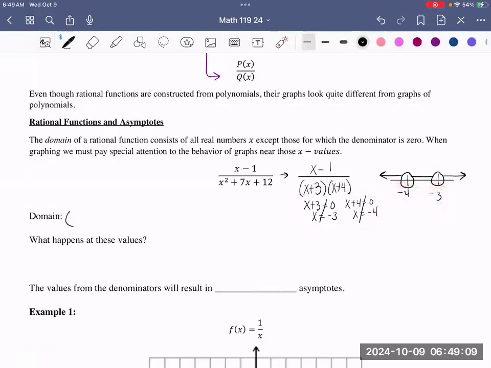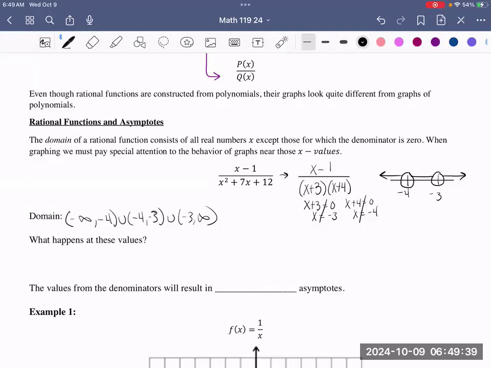So for your domain, we have -∞ to -4, union -4 to -3, union -3 to infinity. Now what happens at these values is your graph is going to kind of skyrocket up or down at these values. And to determine that, we just have to start learning some of your graphs.